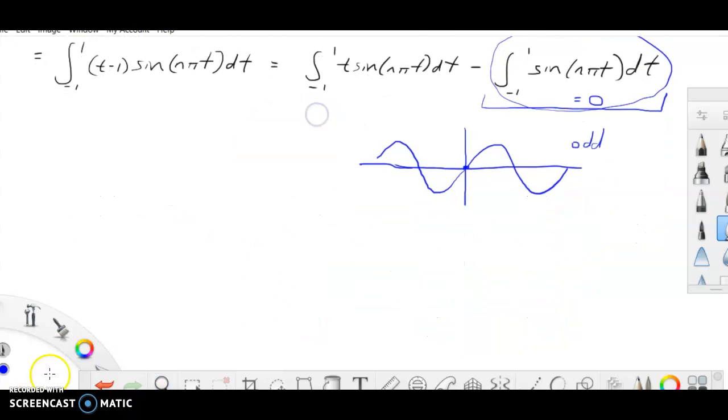So we can rewrite our calculation as just the first bit there. T sine n pi t dt minus 0. So we forget about that minus 0.